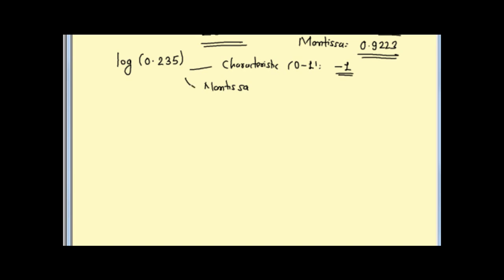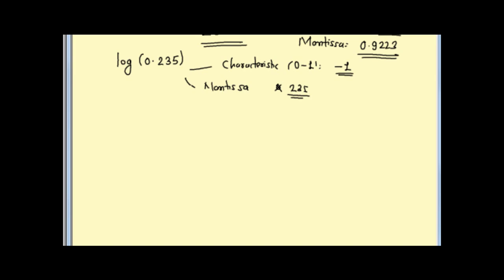To find the mantissa part, we'll take only the significant digits, that is 235. 0 is not significant, as we have already discussed. So in the log table we'll find 235.